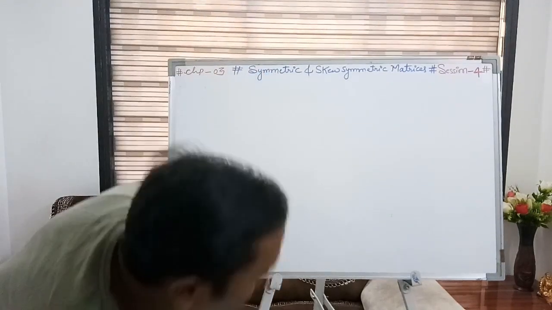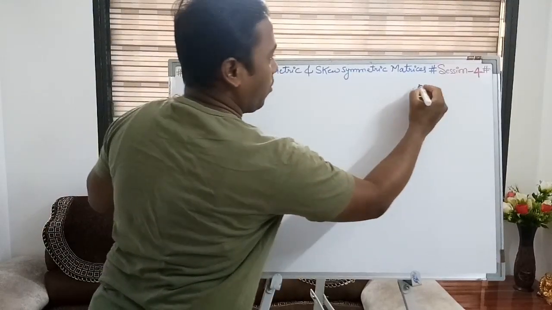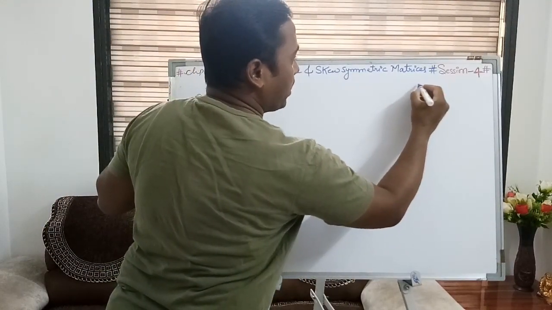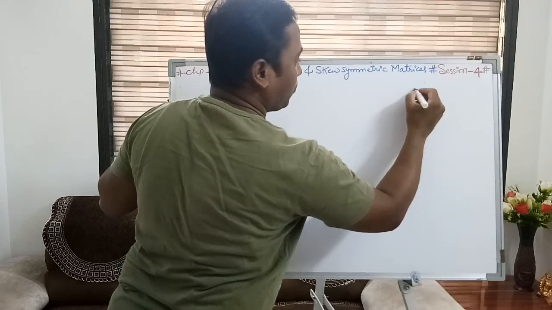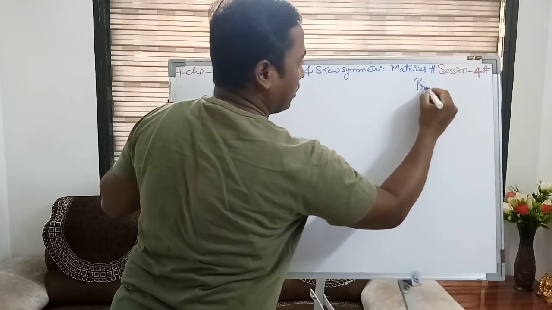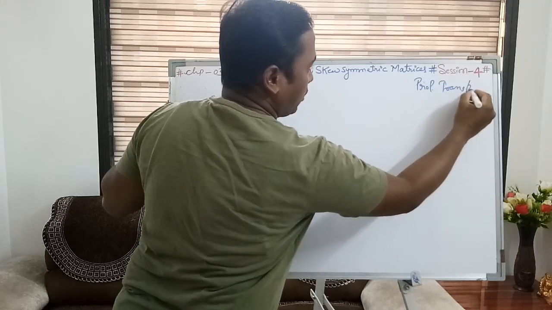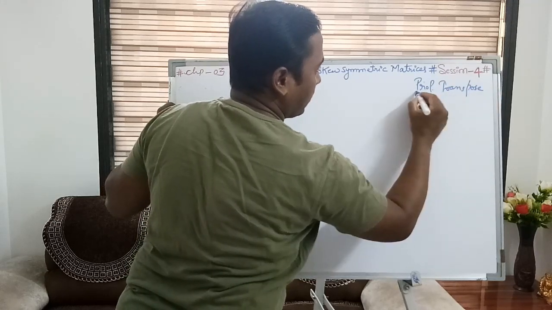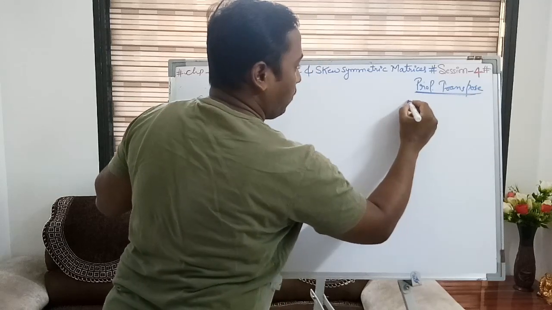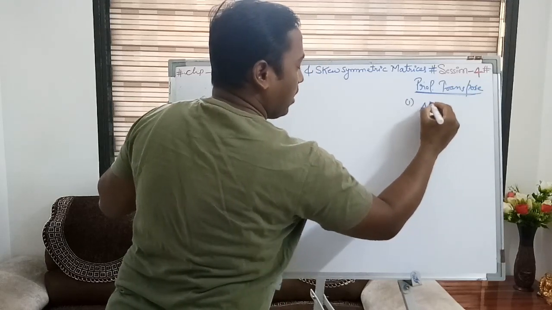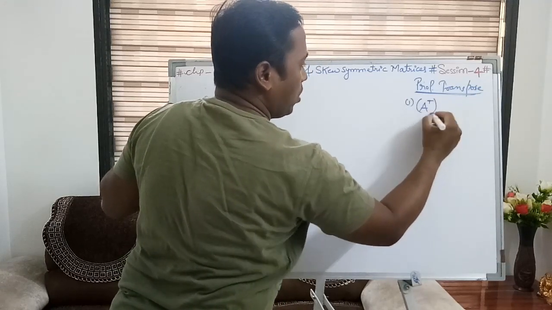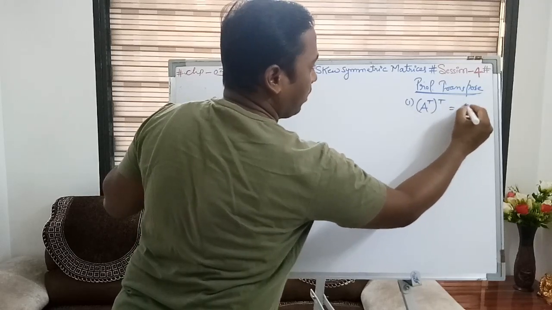What are they? Important properties of transpose of a matrix. The first, already we have discussed: A transpose whole transpose is always equal to the matrix A itself.